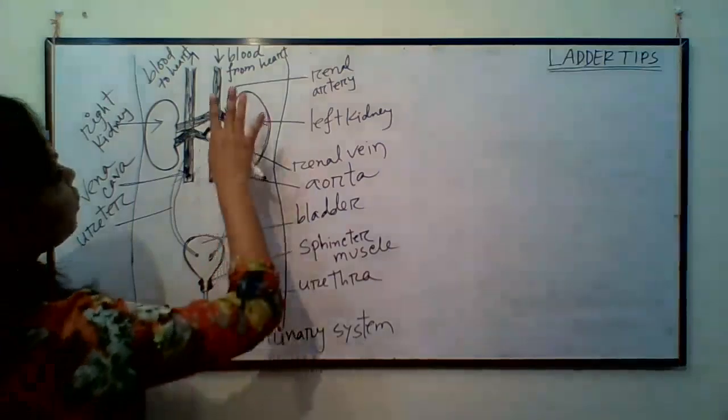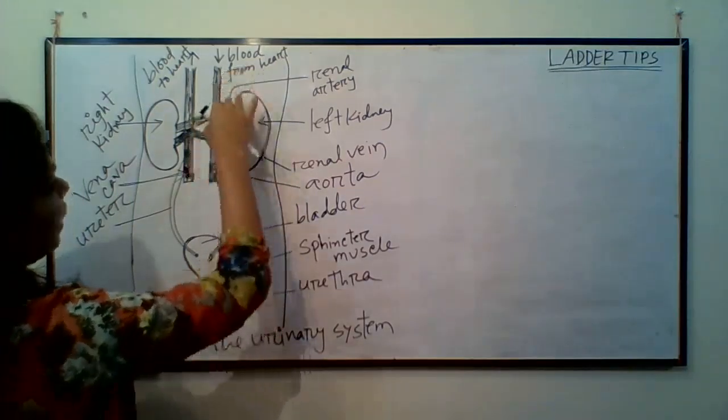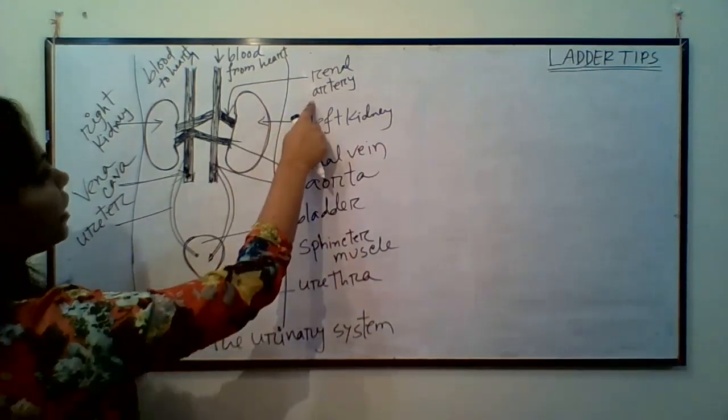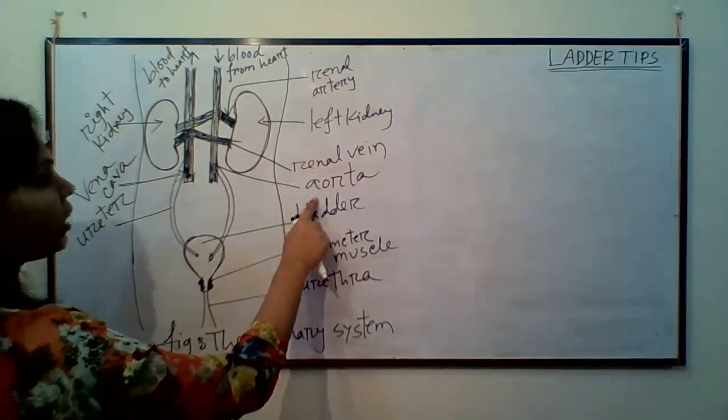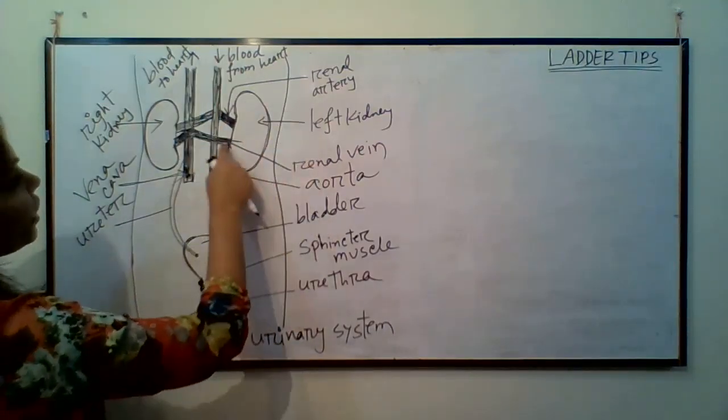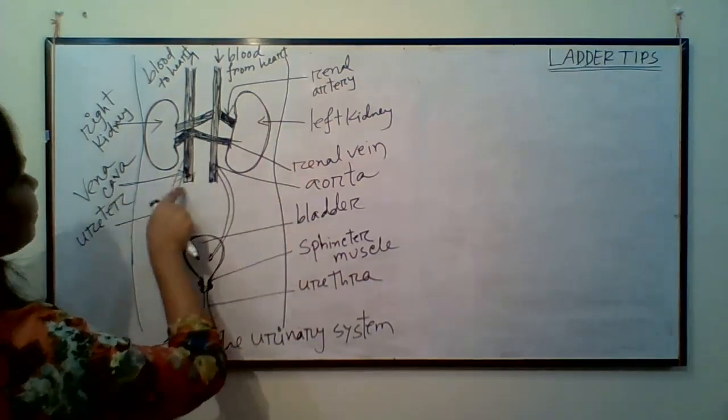The blood comes from the heart and enters the kidney at a high pressure through the renal artery, from the body's main artery, aorta, and after cleaning, the clean blood passes out through the renal vein, the body's main vein.